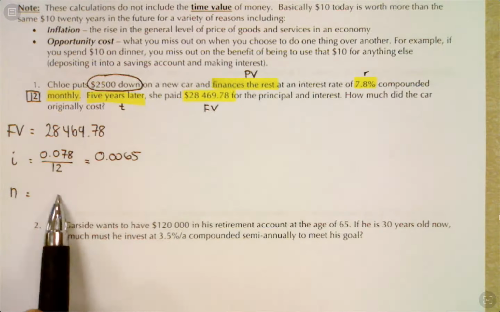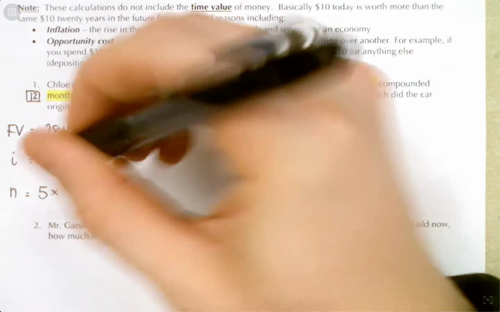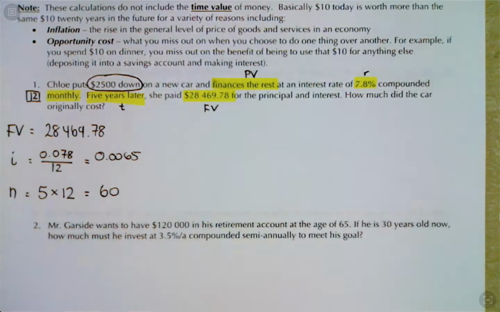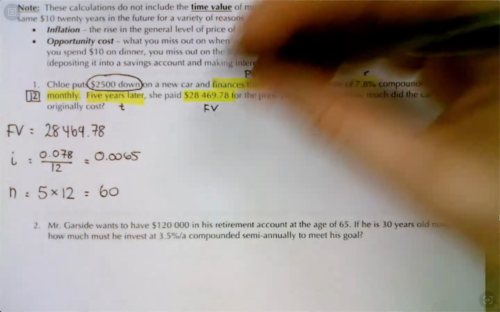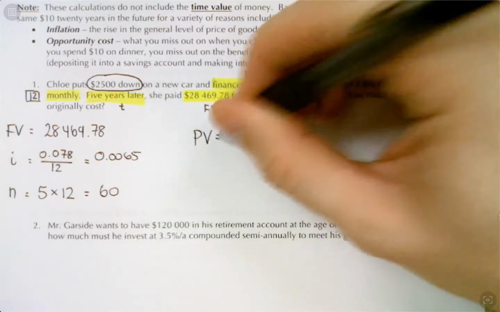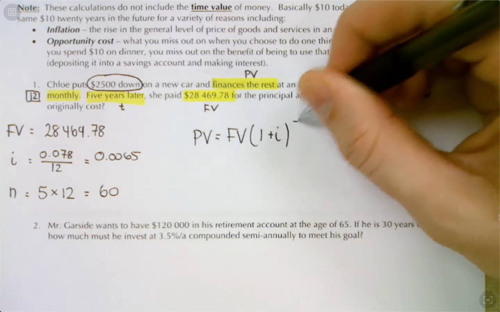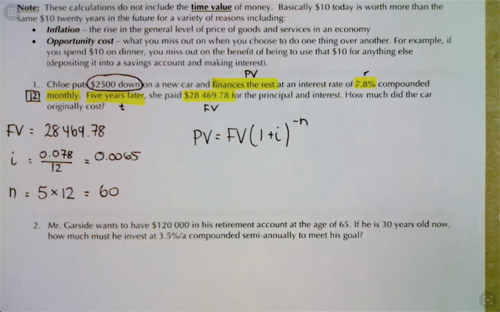N is the number of years times the number of times we compound. Because we're calculating interest 12 times a year, and we're doing it for 5 years, that means we're calculating interest 60 times. So now that we know FV, I, and N, we can use the present value equation that I wrote at the top. PV equals FV times (1 plus I) to the negative N to figure out the present value. How much she borrowed to buy the car.